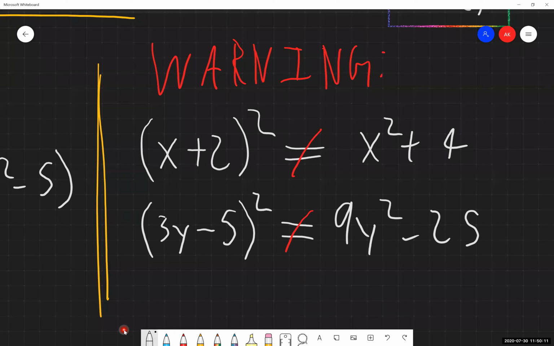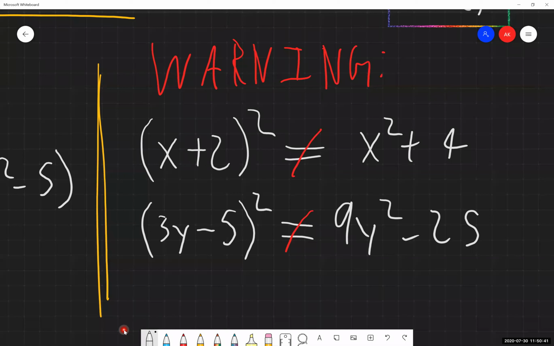A lot of people make this mistake with thinking, I just need to square the first term, I just need to square the last thing, and then just keep the sign in the middle, and I'm perfectly fine. No, you cannot. If you are going to work with it this way, you either have the option of using the shortcut that's on the notes, or expand those binomials and then multiply them together with our 6.3 process.